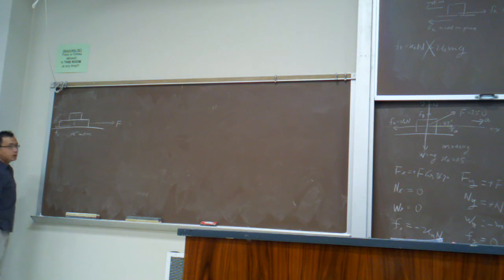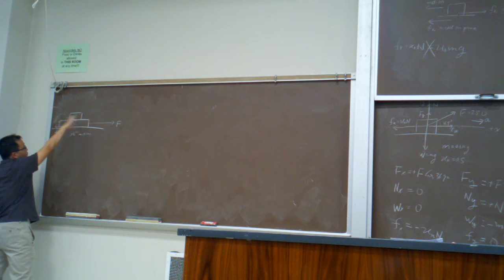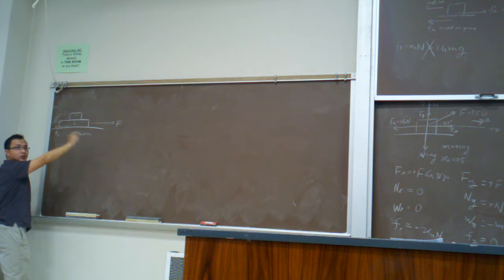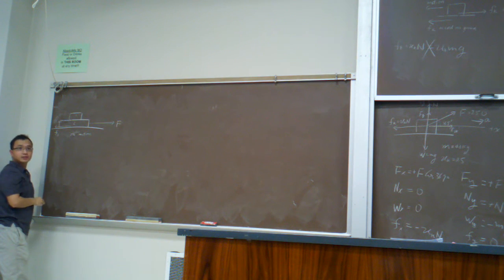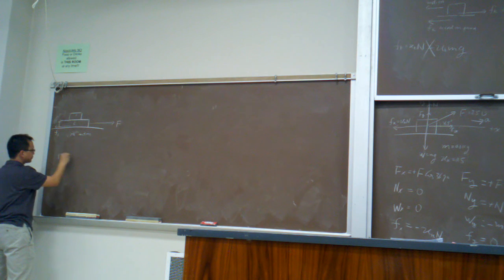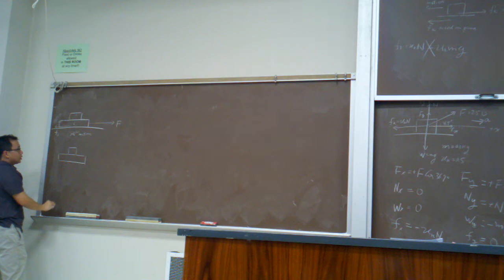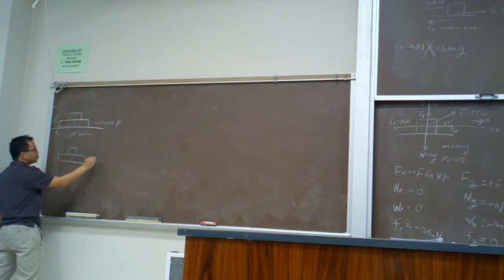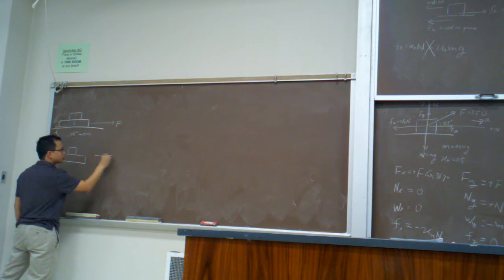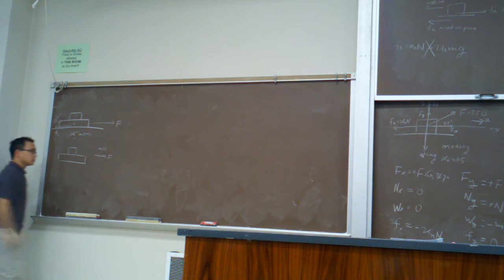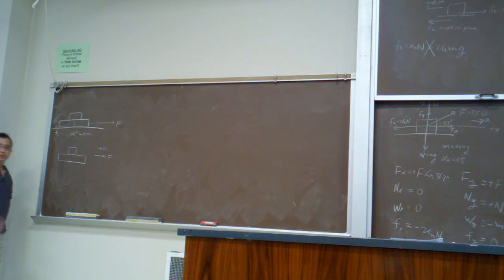Okay, now, if I apply some force and we can move the 2, we can make them move together. So I'm pushing the 2 to move together to this direction with some acceleration. Question?